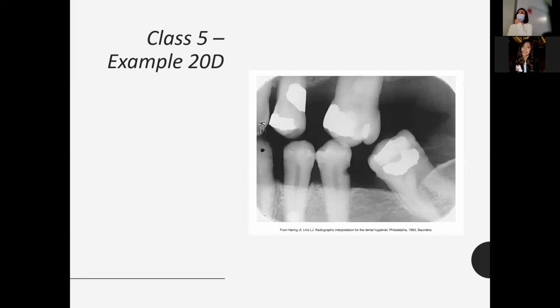Okay, class 5 example on 20 distal. Here we have an example of root caries. You can see where the CEJ is, and there's bone loss, so there's recession. That gives the potential for caries on the root surface.